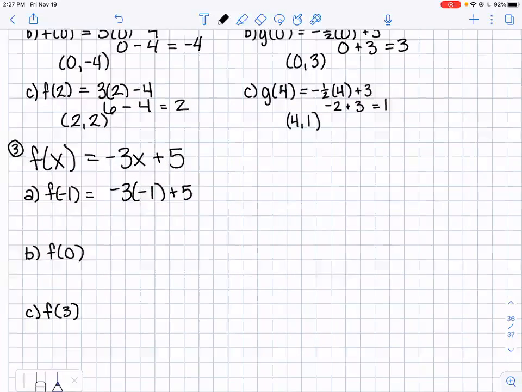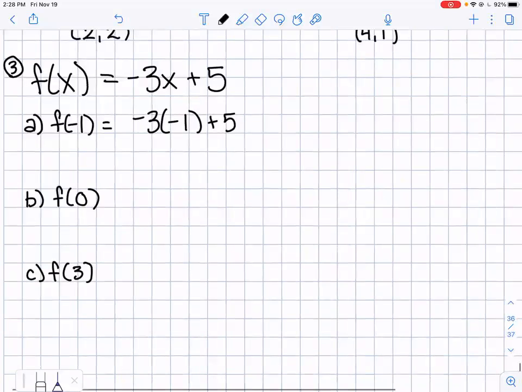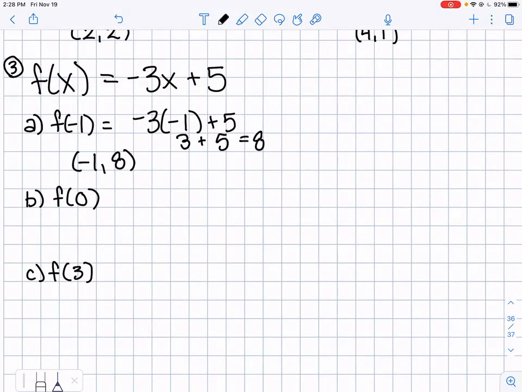What's negative 3 times negative 1? 3 plus 5 is? Okay, so my point should be negative 1, 8. Part B, somebody set it up. Negative 3 and then a 0 and then the plus 5. What's negative 3 times 0? 0 and then plus 5 is 5. So my point is 0, 5.